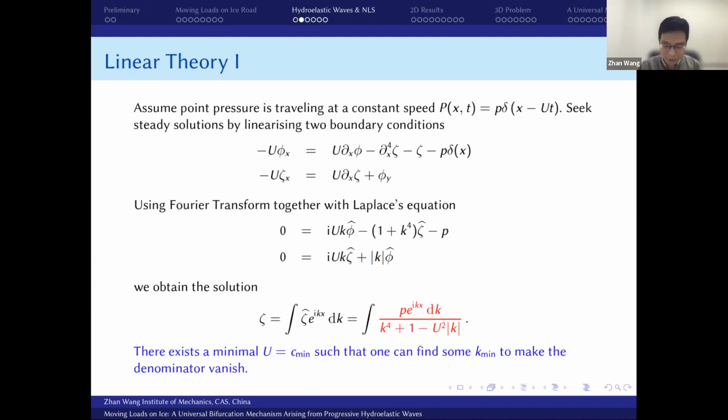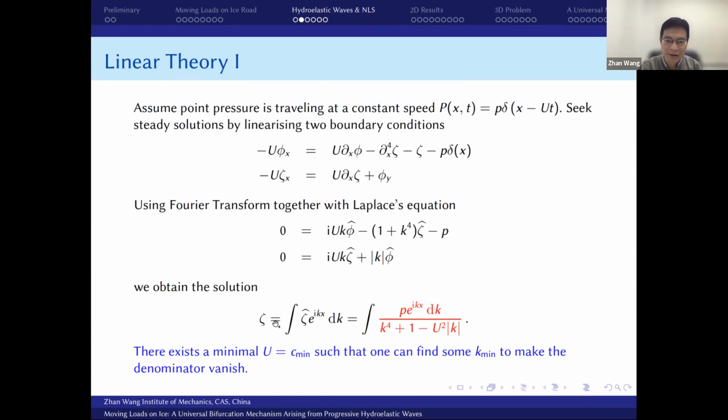And so first of all, we try to understand it from the linear point of view, and then see if we can say something more about nonlinear results. The linear problem is quite easy to solve. For simplicity, we assume the fluid is of infinite depth, and the pressure is a moving load. The pressure is just a delta function translating with a constant speed. We neglect all the nonlinear terms and use the Fourier transform to try to find the steady state.